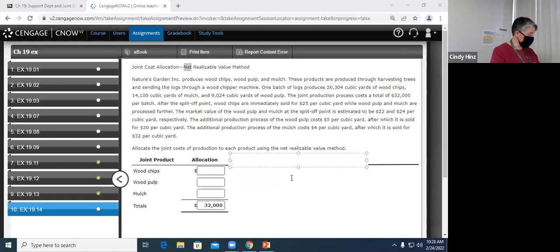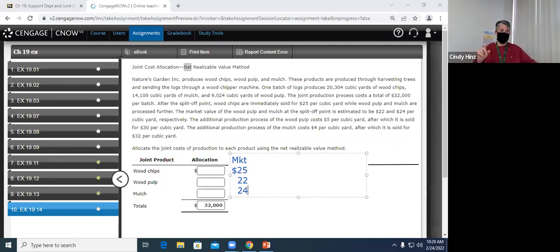So we start with the market value at split off. I can't put all the labels in here, I just don't have enough room. So the market value at the split off, $25 for wood chips, the wood pulp is 22 and the mulch is 24.